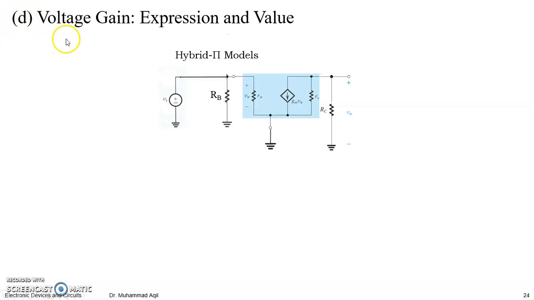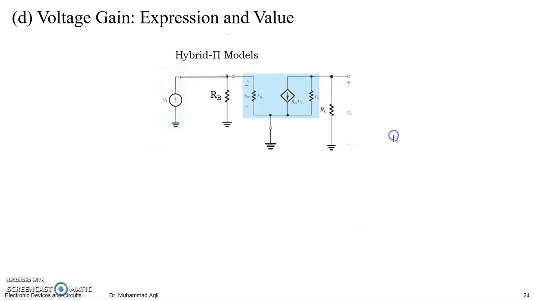Now for the D part, the last part, we have to express the voltage gain in the form of an equation and then put the values in the expression to find the exact numerical value of the voltage gain, right? So we have this model based equivalent AC circuit, only AC.